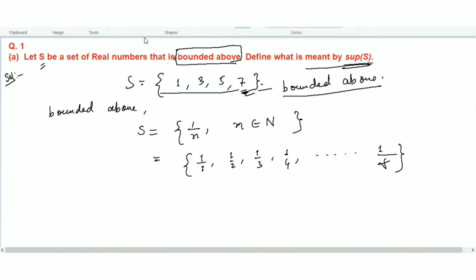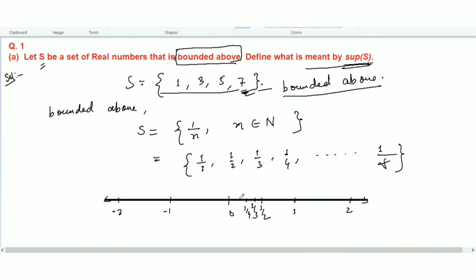Let's define this on a number line. Here is a number line. This is 0, this is 1, this is 2, and this side is -1 and -2. 1 over 1 is 1 here, and then the next element is 1 over 2, half. Then 1 over 3 will be a little less than half, then 1 over 4, 1 over 5.